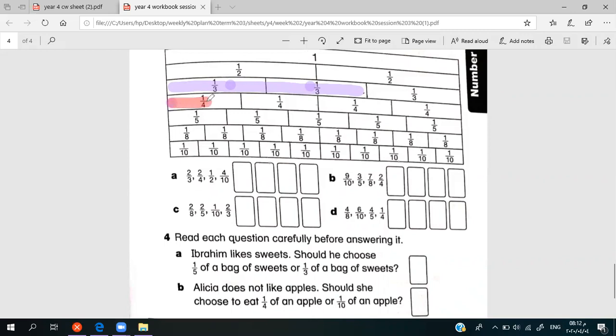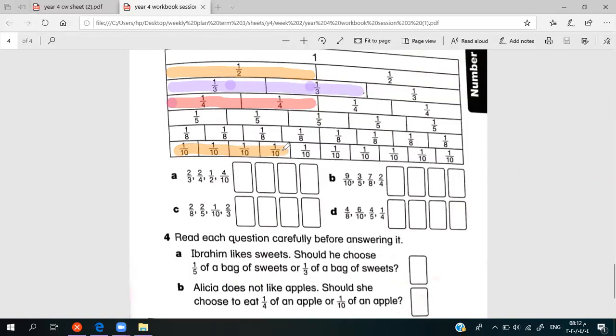Okay. 2/4. And then he wants 1 from the 2 parts. Here are the 2 parts. He wants 1 from the 2 parts. Okay. And then 4/10. Where is the one divided into tens? Here, down. And he wants 4 parts. Sorry. Oh, yes, 4.